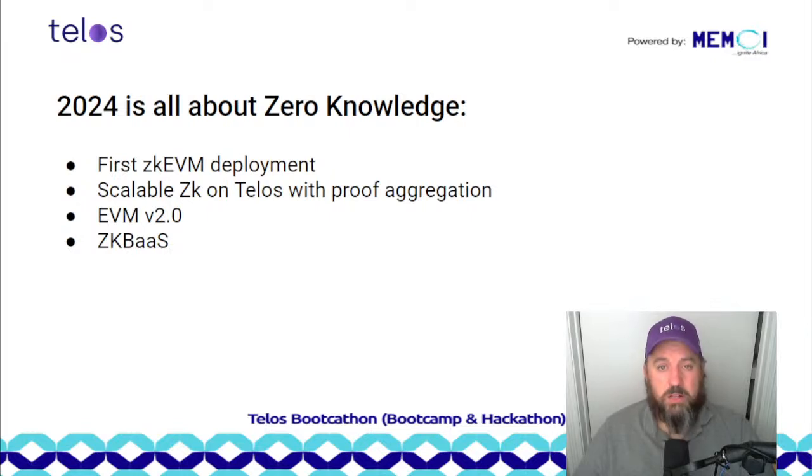We're also building what we call ZK BaaS, which is like a ZK blockchain as a service. So it'll be click easy to be able to go into a website, say, hey, I want to deploy my own EVM chain, and almost instantaneously, kind of like what I talked about with Launchify, be able to go in, pick the features you want of your EVM chain, and then deploy it as a layer 2 of Telos, which would be really, really powerful for most people, because then you've already got consensus built in, you've already got validators built in, and you don't have to do any of that back end work.